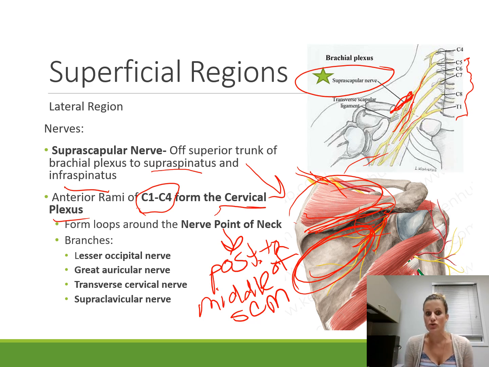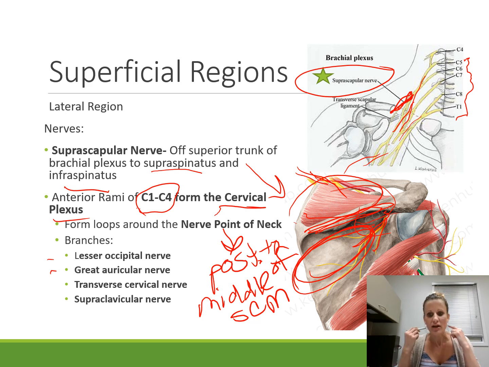Okay, so the cervical plexus includes all of these nerves that are fraying out from this nerve point. The nerves included we'll see are the lesser occipital, the great auricular, the transverse cervical, the supraclavicular.